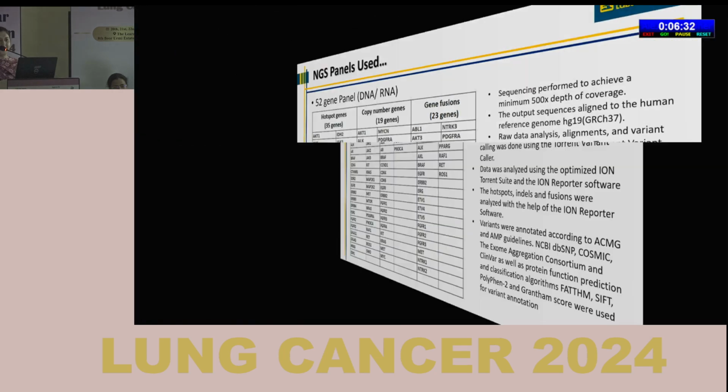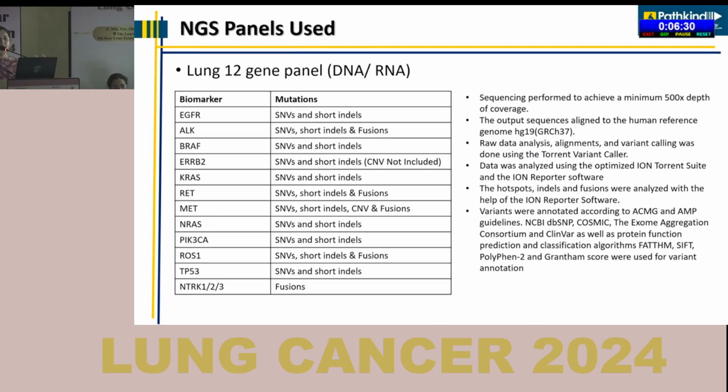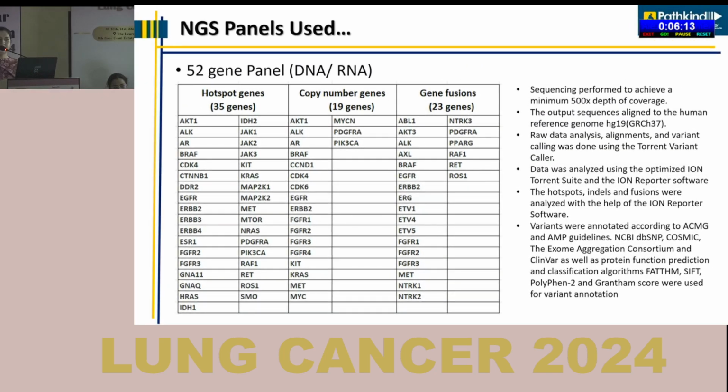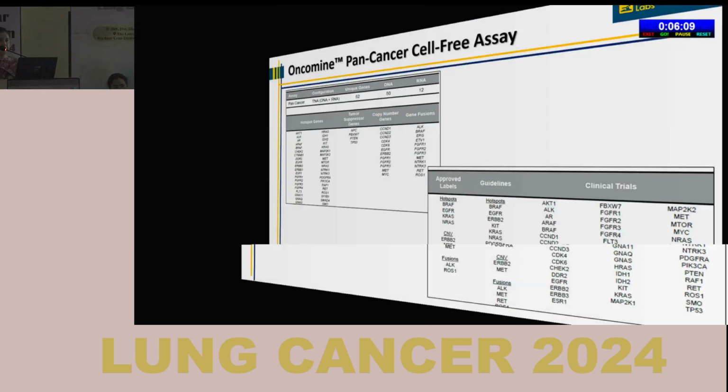In the earlier panel that I had shown, in terms of the copy number variation, it only focuses on the MET. We know now that the ERBB2 copy number variations are also important, which is not covered in that panel, but in the 52-gene panel, the ERBB2 copy number variations are also covered.